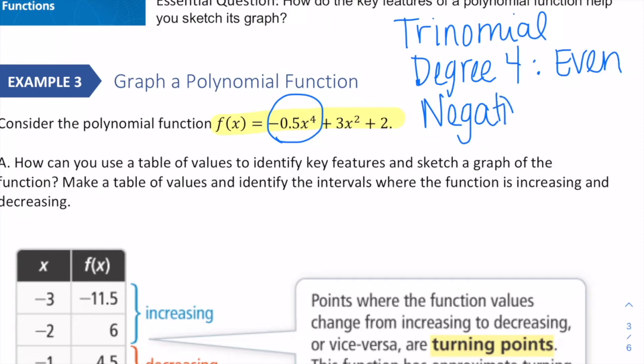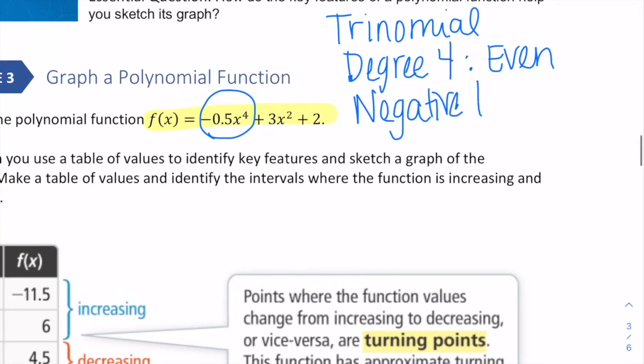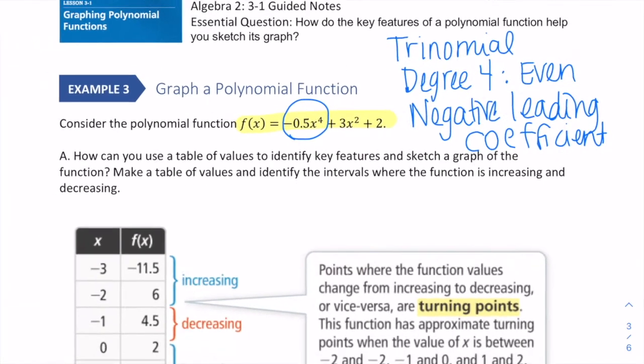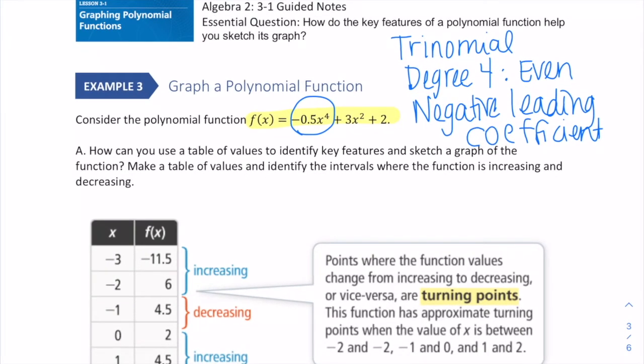So with a negative leading coefficient and an even degree, we can anticipate what the end behavior will be. Remember, if it's even, the arms are going together, and it's negative, so both the left and the right side will be pointing down. So as x approaches negative infinity, y will be approaching negative infinity. As x approaches positive infinity, f of x will also be approaching negative infinity.